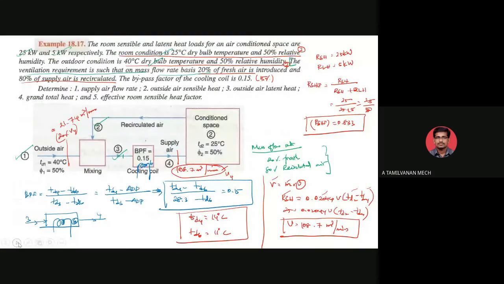Then first we found the supply flow rate, 108.7 meter cube per minute. Then second, we are going to find the outside air sensible heat. What is the formula?